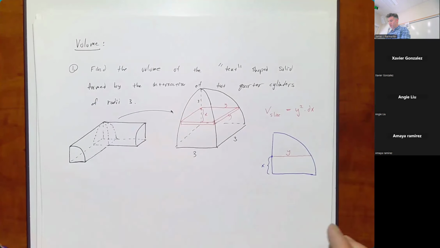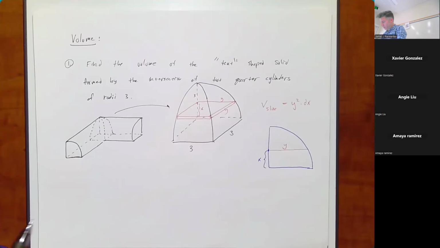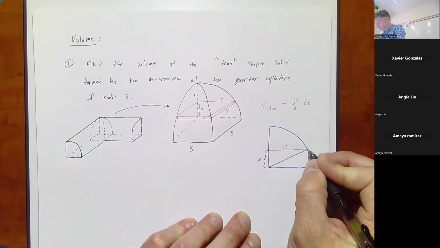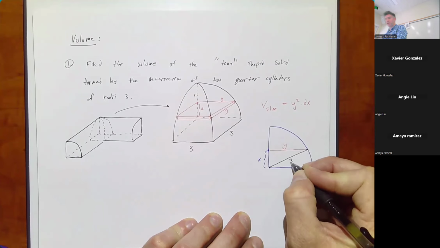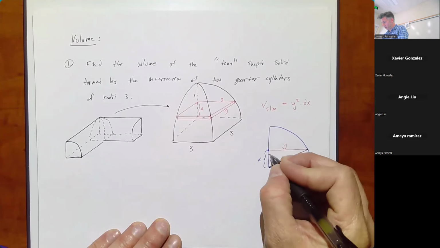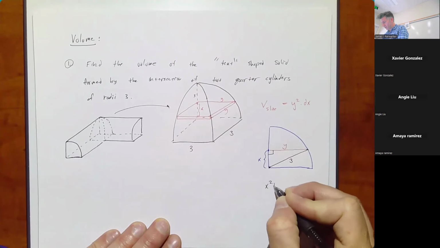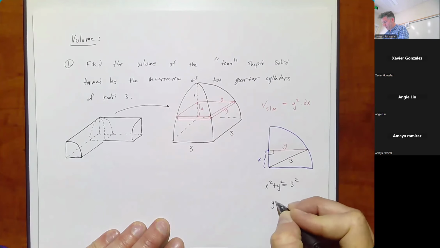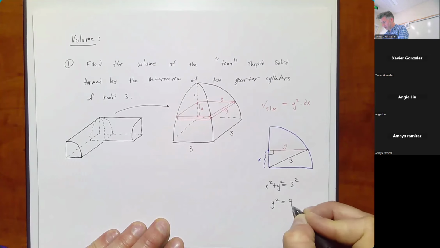So I'm going to draw a radius, because we know the distance from the center to the edge of the circle has to be the radius, which is 3. It looks like I could write y in terms of x, because we have a right triangle here, and x squared plus y squared is equal to 3 squared. So y squared is equal to 9 minus x squared.